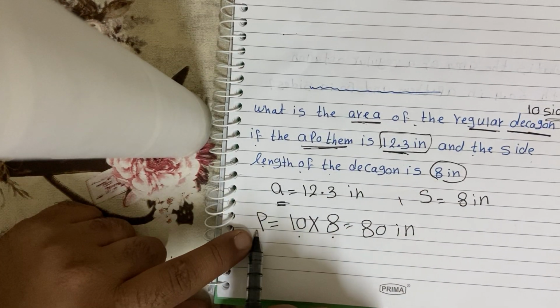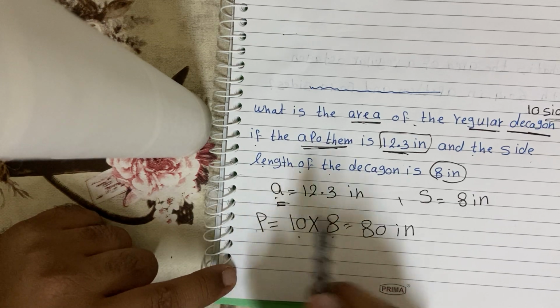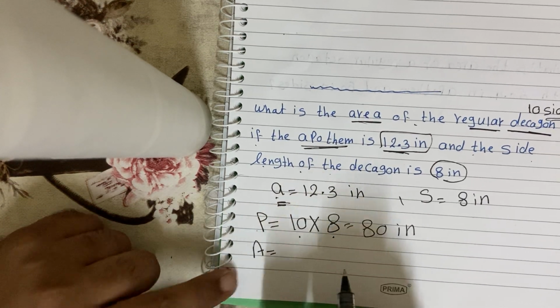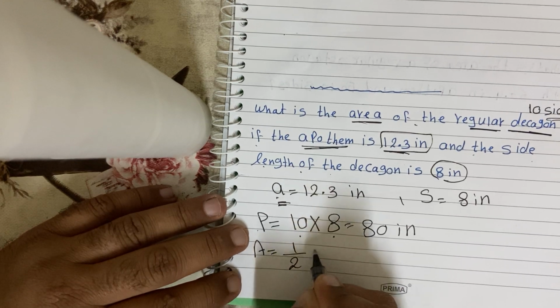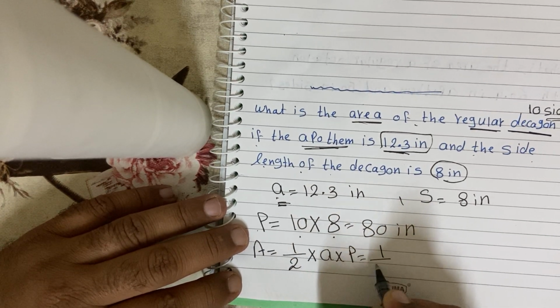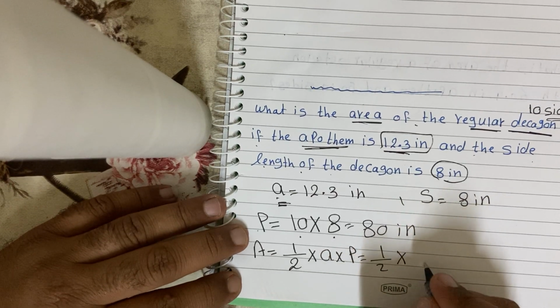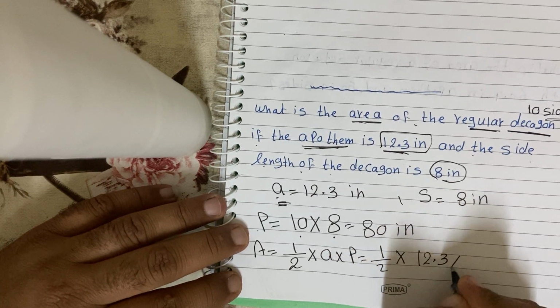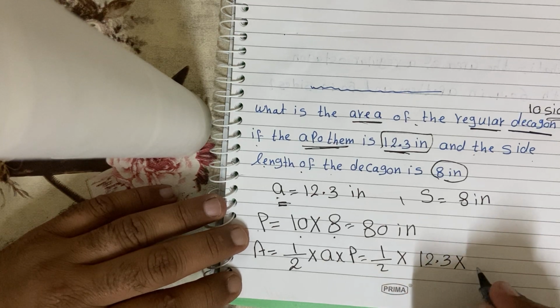Now we have the perimeter and the apothem. So the area of the regular polygon is half times A times P, means half times 12.3 times the perimeter, 80.